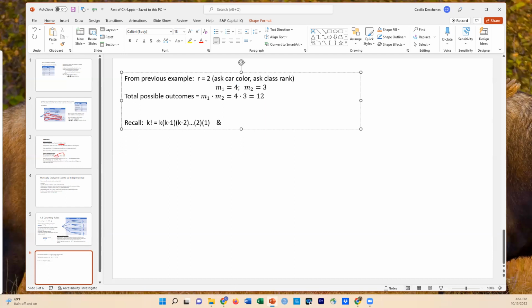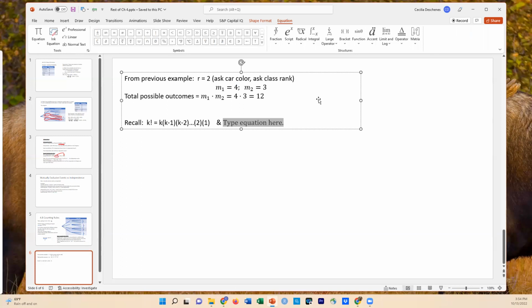And we agreed by definition to make 0 factorial 1.